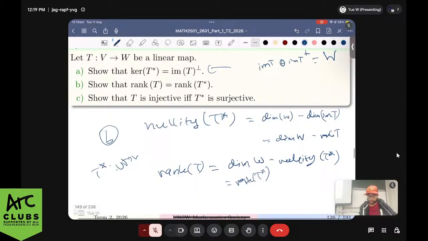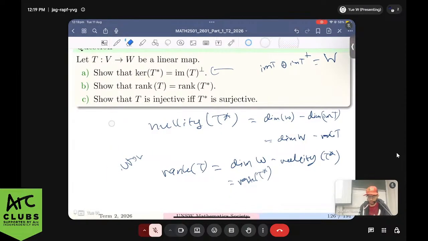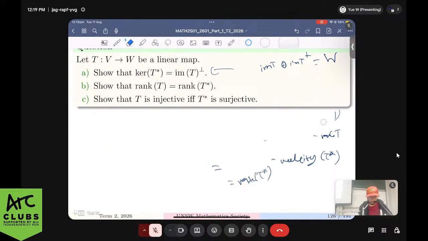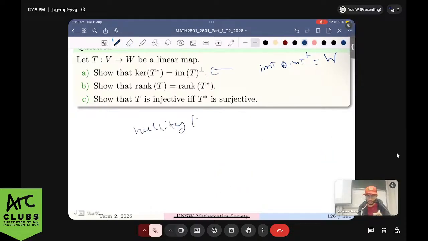So injective if and only if the nullity is 0. Now nullity T is the dimension of V minus the rank of T. And this is 0 if and only if rank T equals dim V.